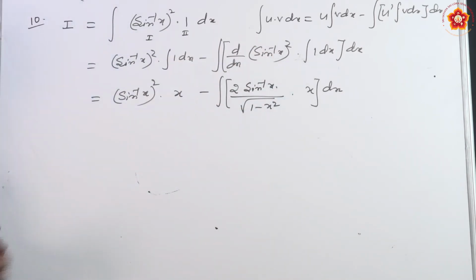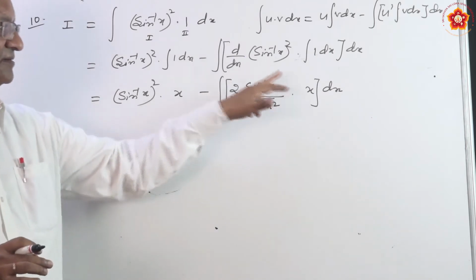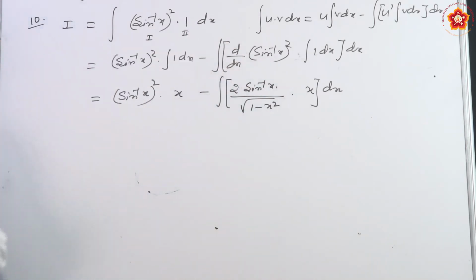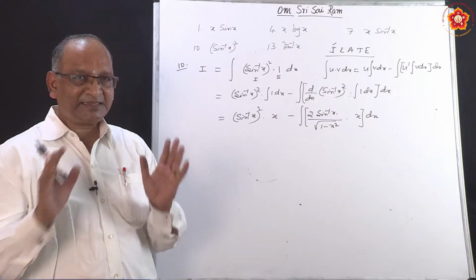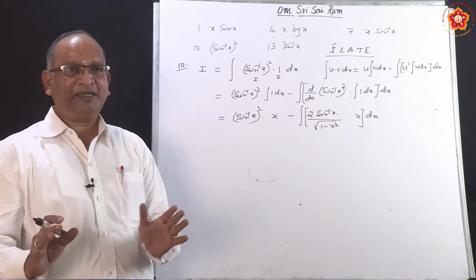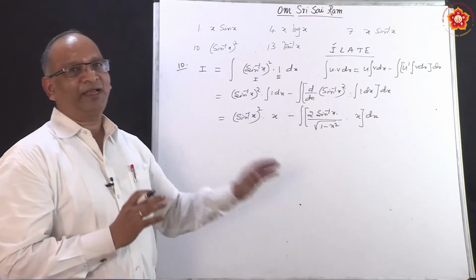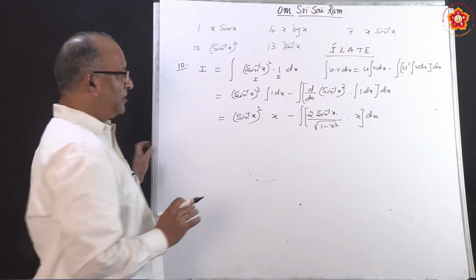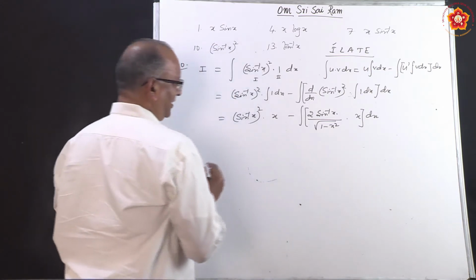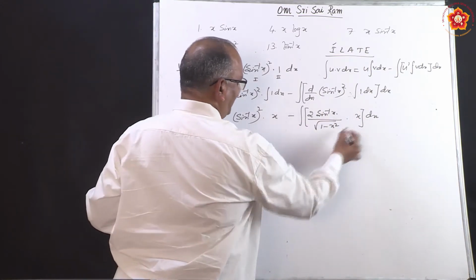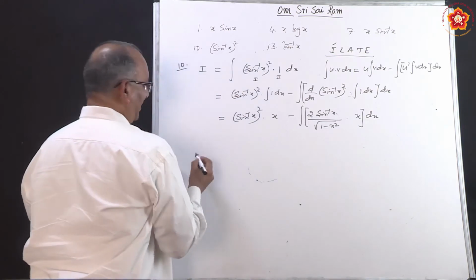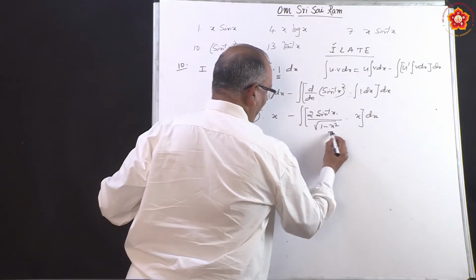Now the task is to integrate this function. How do we integrate that function? Take it separately, solve it separately, and then substitute back instead of writing the whole thing again and again. So what we can do is take only this part.